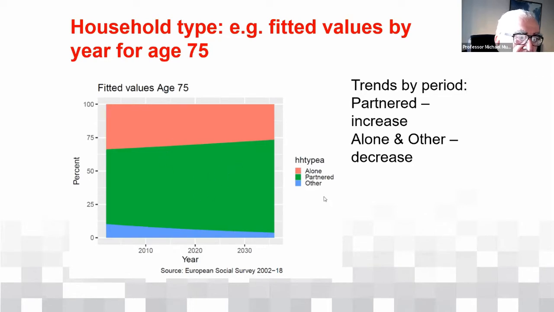The increase in the proportion partnered is due to improvements in mortality, and in particular to reductions in the sex differential in mortality. So the number of older female widows is likely to be less for that reason.